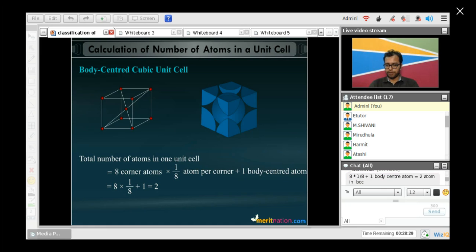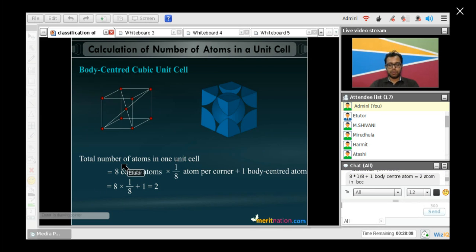Yeah, so this is what is going to happen with the body centered cubic cell. In the body centered cubic cell, there are 8 atoms present at the corners of the cell, and there is one lying at the center of the unit cell, right?